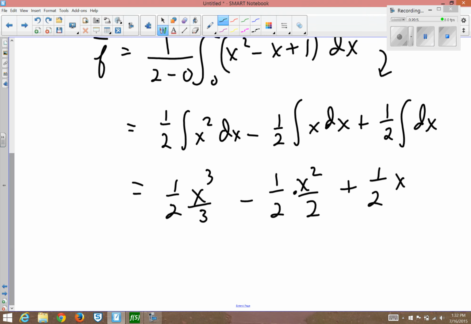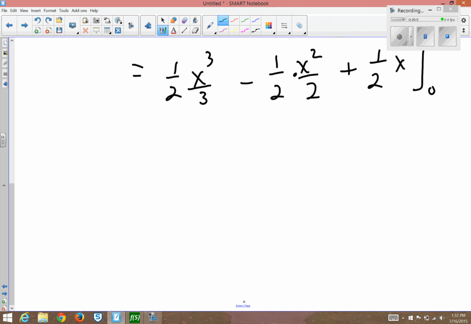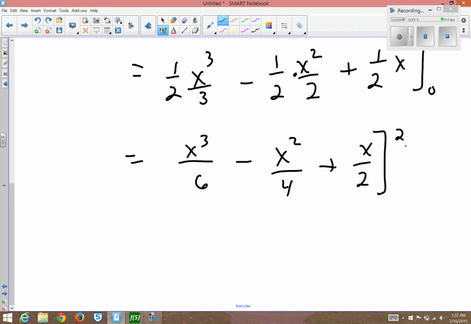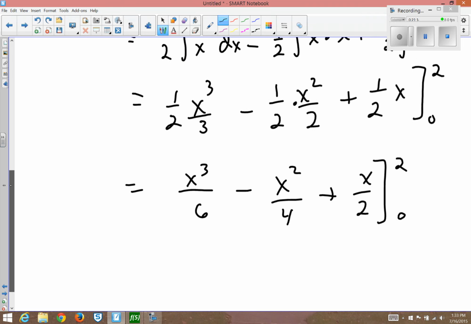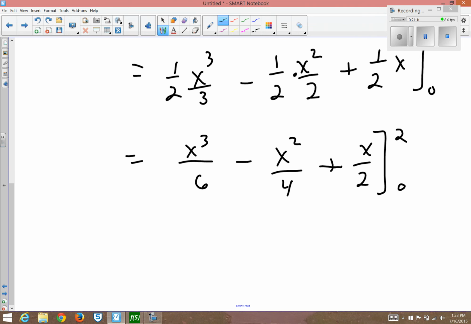Integrating from 0 to 2, so we'll put this bracket. That's x to the third over 6, 2 times 3, minus x to the second over 4, 2 times 2, plus, I could leave that 1/2 x, or I could write it x over 2. This bracket tells me the next thing I do is everywhere there's x, I put 2.